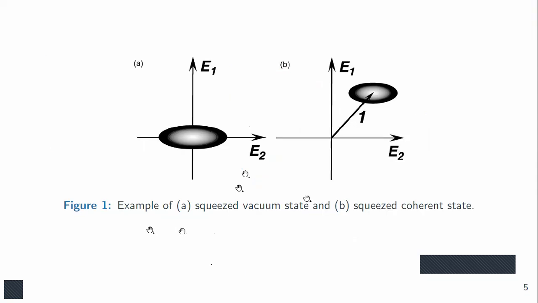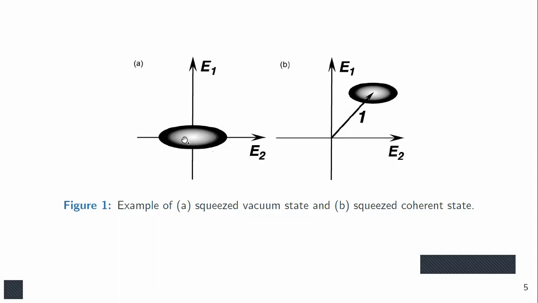Here is a phase diagram of the squeezed vacuum and the squeezed coherent state. You can see the difference between the two diagrams. Although they are both ellipse shaped, the position of the state in phase space is different. The squeezed vacuum state has less uncertainty in the E1 quadrature at the expense of increased uncertainty in the E2 quadrature, and it is present at the origin of the phase space.